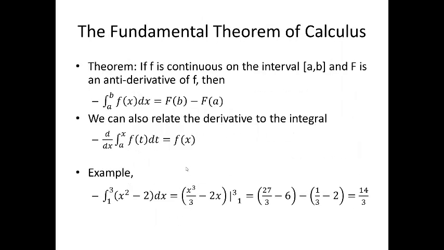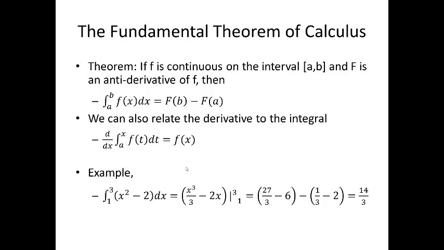Something you should know. If f is continuous on the interval [a, b], and capital F is an antiderivative of f, then the integral from a to b of f of x dx is the antiderivative evaluated at b minus the antiderivative evaluated at a. We can also relate the derivative to the integral. And this equation in bullet 2 shows that the integral must be an antiderivative, an indefinite integral of f.